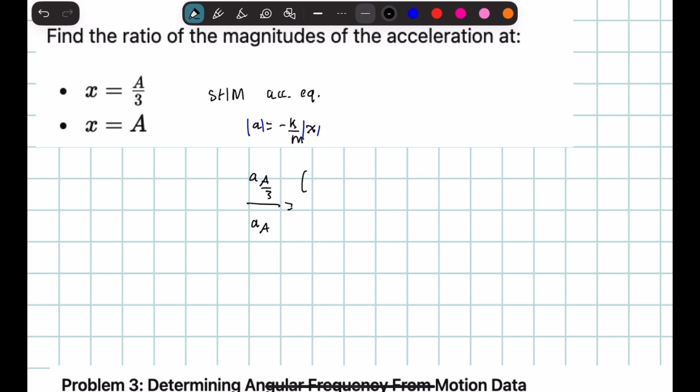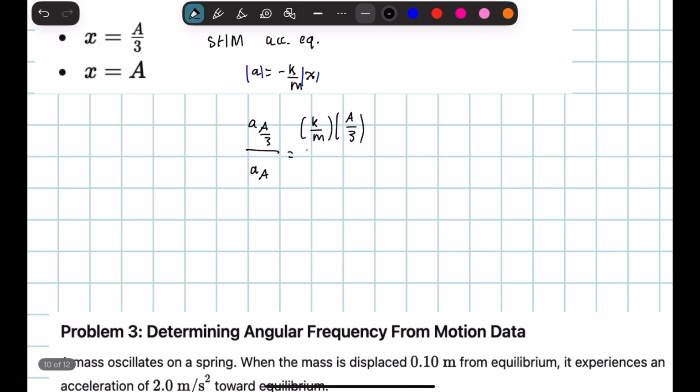So that's going to be k over m times a over 3, divided by k over m times a, and that's going to equal 1 over 3. So that's going to be your ratio.